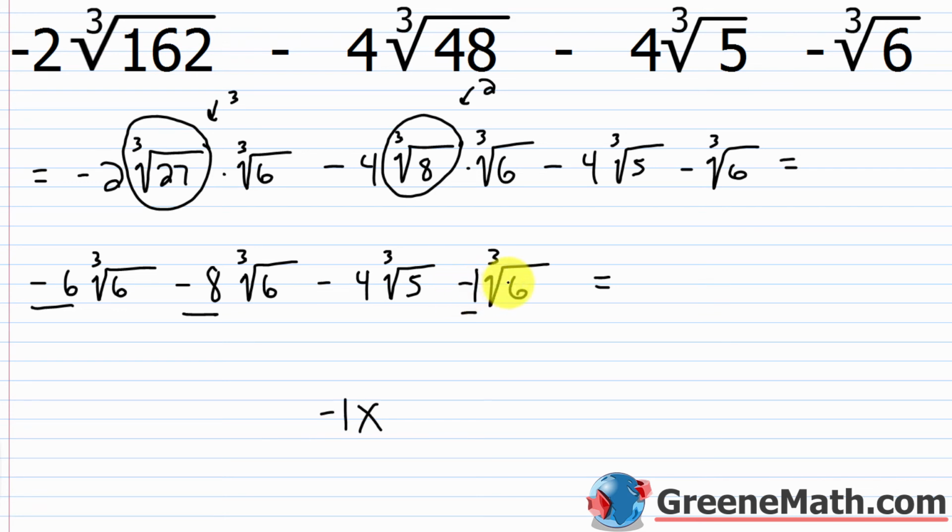If I have a negative out in front, it's like having a negative 1 multiplying that. So I would have negative 6 minus 8, that's negative 14, then minus another 1, that's negative 15, times this cube root of 6. Then we would have minus 4 times the cube root of 5. And then these are not like radicals, so we can't simplify this any further.